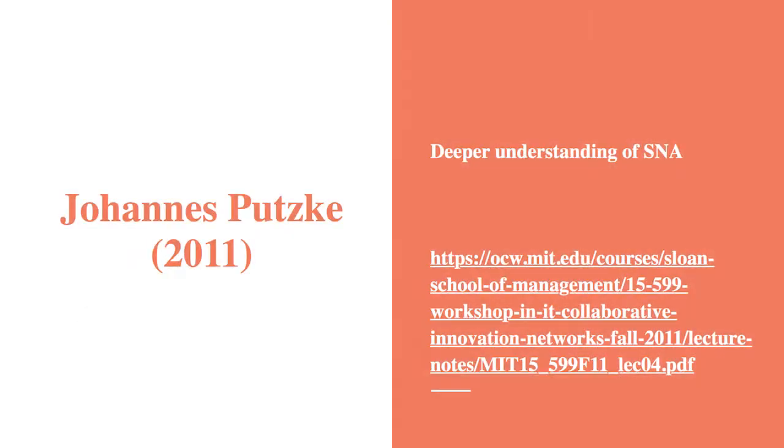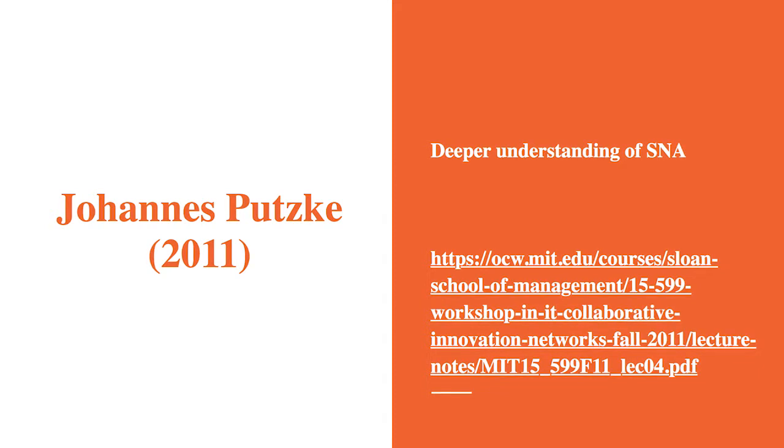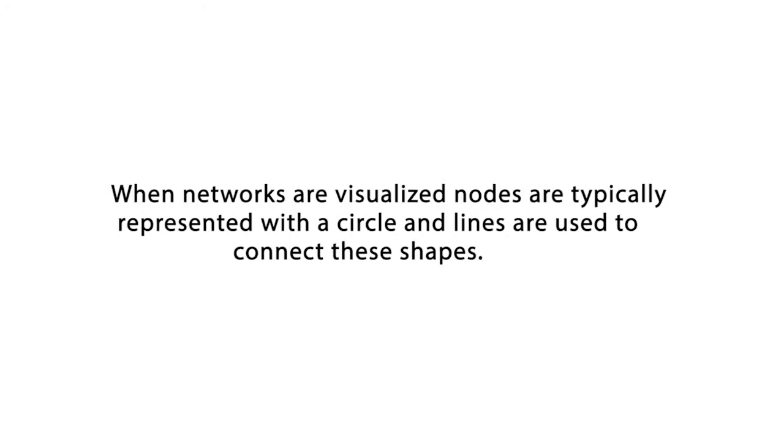I'm going to give you a full lecture for Johannes so that you can explore more about this and know what a social network analysis means. When networks are visualized, nodes are typically represented with a circle and lines are used to connect these shapes.